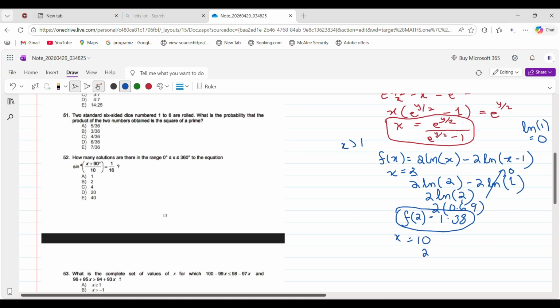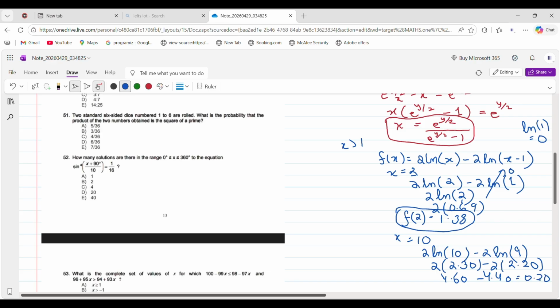So 2 ln 10 minus 2 ln (10 minus 1), basically 9. 2 ln 10 basically equals 4.60, minus 2 ln 9 basically equals 4.40. When subtracted we get 0.20.